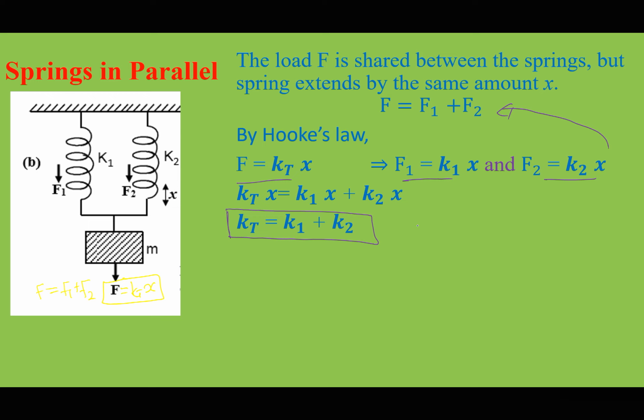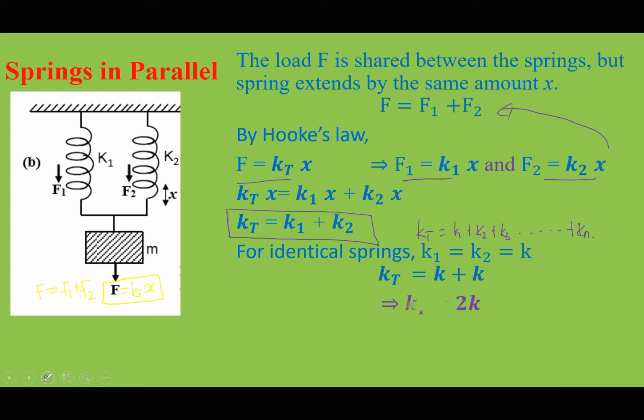If you have so many, total constant will be equal to K1 plus K2 plus K3 and so on until you reach plus Kn, where n is the number of springs that you have. If the springs are identical, K1 and K2 are the same. Since they are only two, the total constant is going to be K plus K, which means twice K if they are identical.